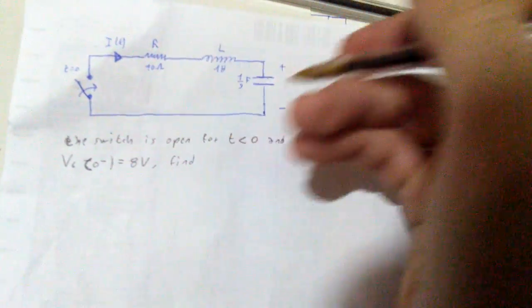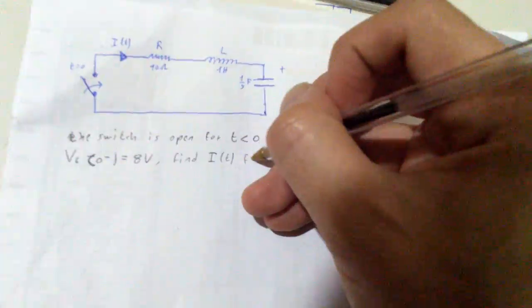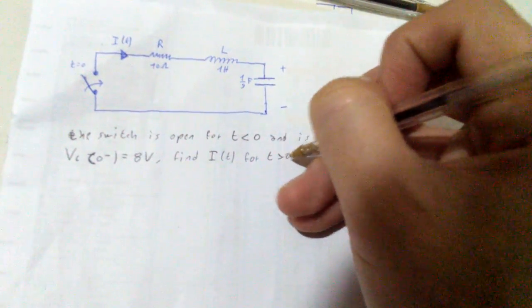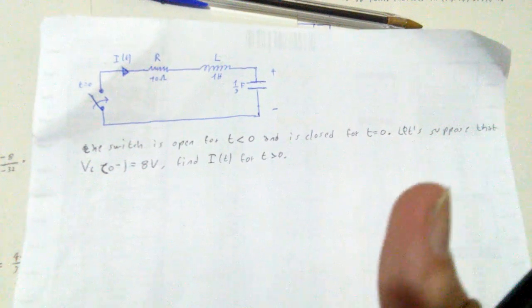Find I(t) for t greater than 0. Okay, so to solve this, we're going to use the Laplace transform.